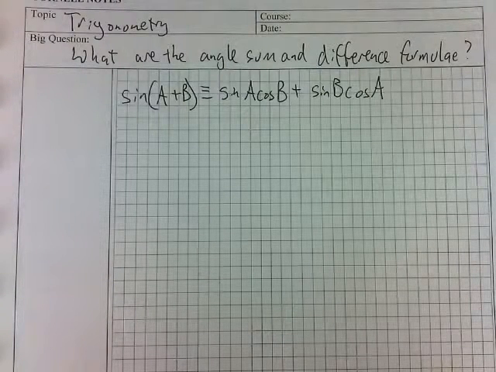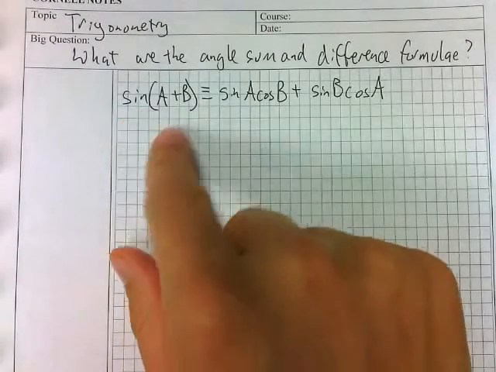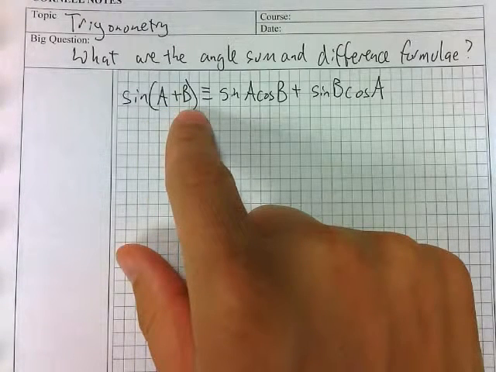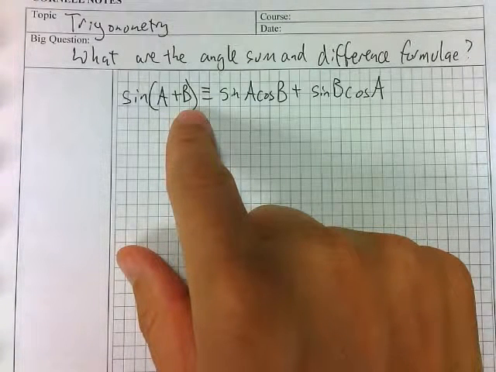So for any sine of any angle, we can break it down into two different angles. You'll see in a second when I do some examples, but this might be helpful if, for example, I want to figure out what the sine of 105 degrees is.